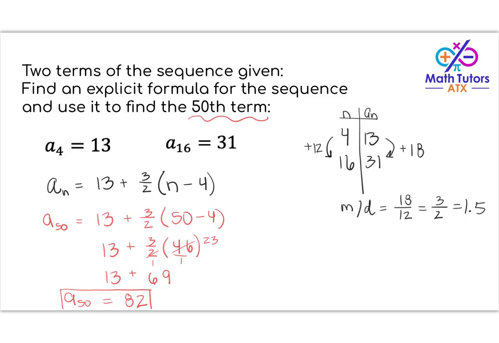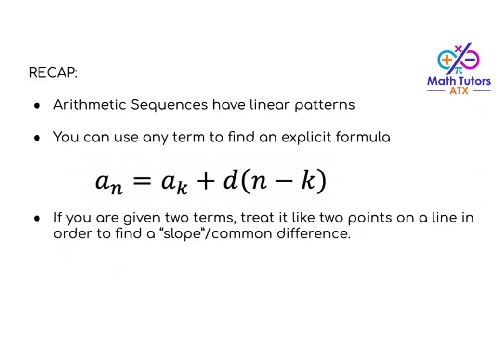Ta-da! Now, like I said, you can always go back and find the first term if you want to rewrite this using the other explicit formula, the one that you see a lot using a sub 1 and n minus 1. All right, so just to recap, again, an arithmetic sequence, they have linear patterns, right? So look for those linear patterns. You can use any term to find an explicit formula.